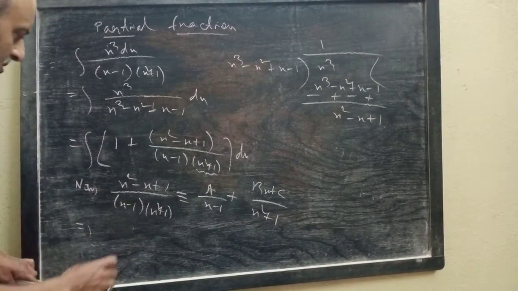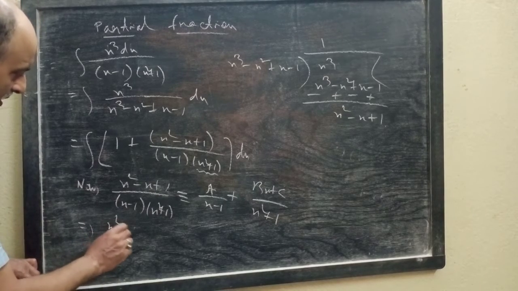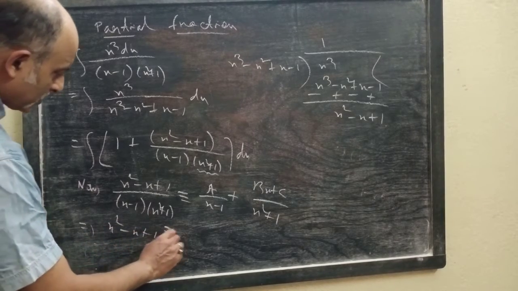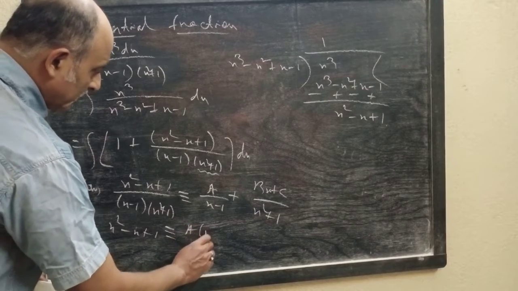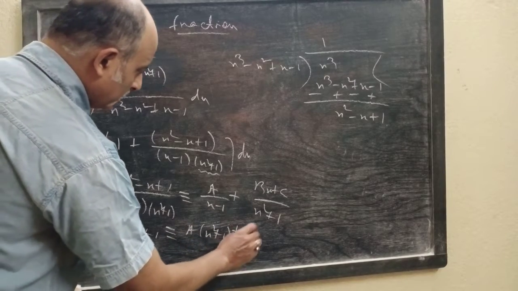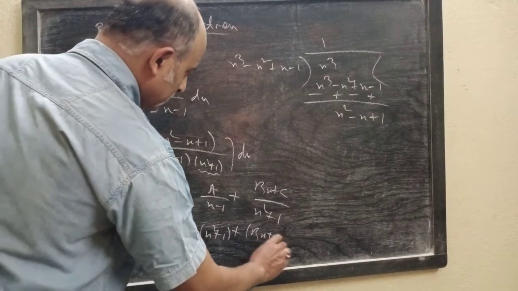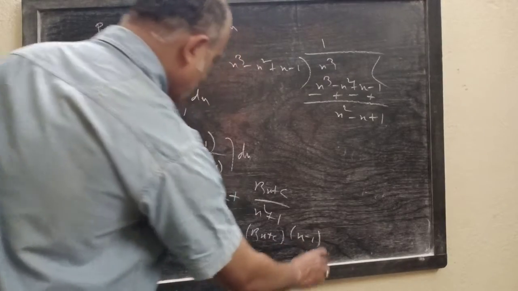Now multiplying both sides by the denominator, we get x square minus x plus 1 identically equal to a into x square plus 1 plus bx plus c into x minus 1.